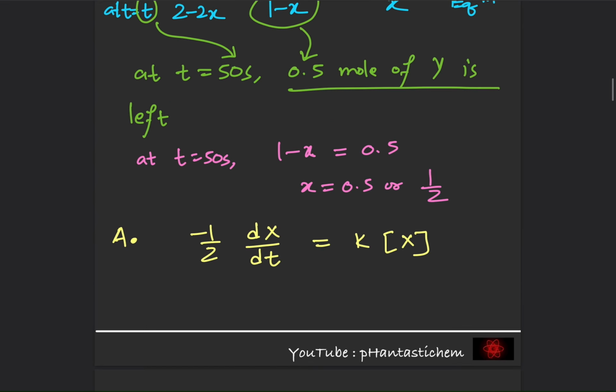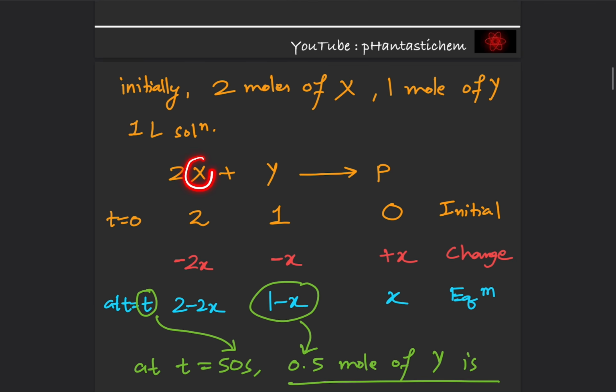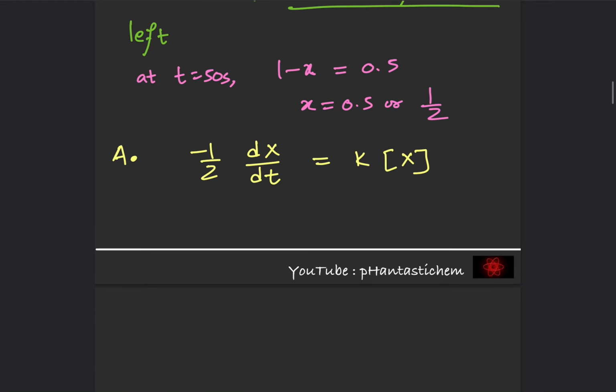One more thing, don't get confused between this capital X and this small x. Capital X is the concentration of x in this reaction, and small x is how much has dissociated. So both are different. Let's say this is equation 1, and let's integrate it.